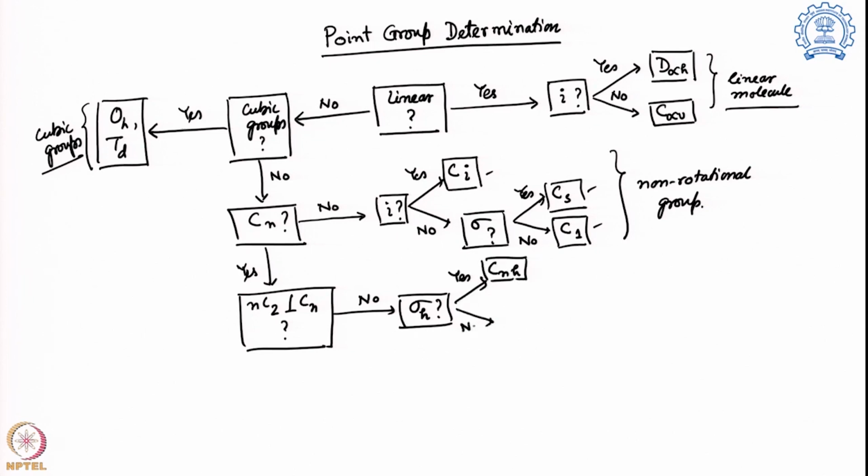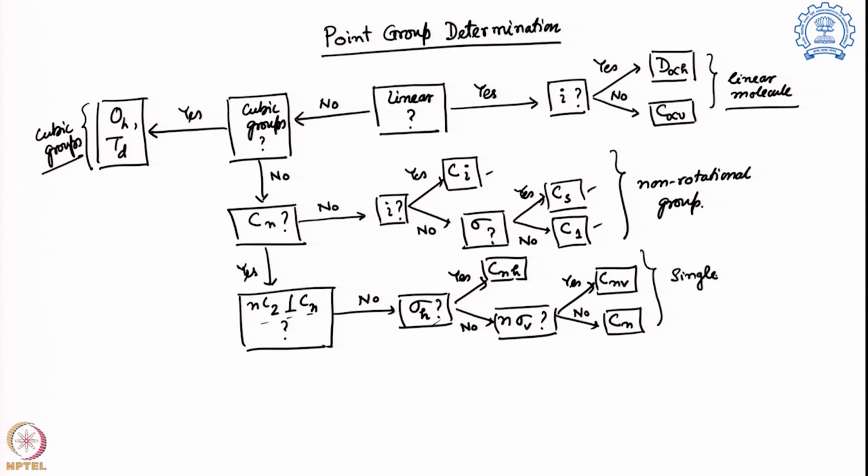If the answer is no, then the next question we ask is whether you have a number of sigma v's along with it. If the answer is yes, they belong to the Cnv point group. If the answer is no, then it belongs to the Cn point group. So, it does not have a number of C2s perpendicular to Cn, but it can have sigma h, so it is Cnh, it can have sigma v's, it will be Cnv, or nothing, it will be only Cn, and all these belong to single axis rotation groups.